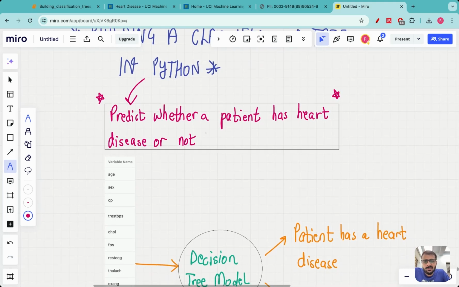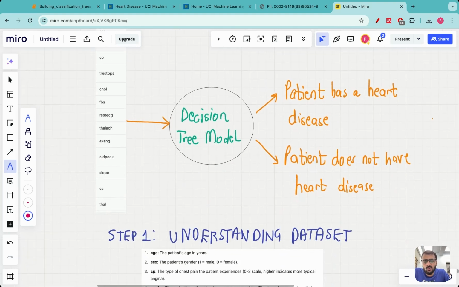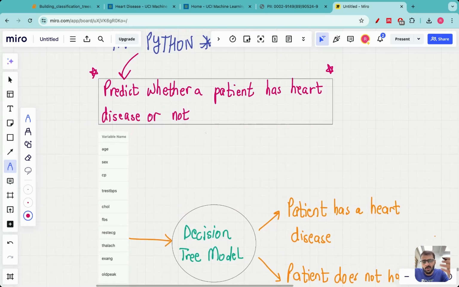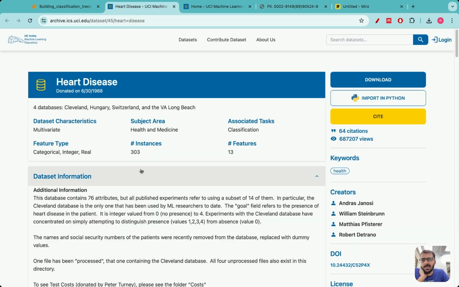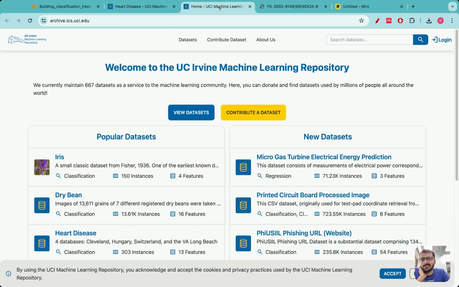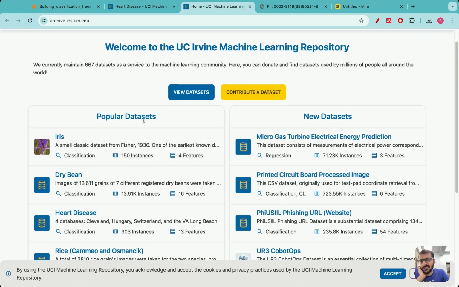So, first, it's very important for us to understand the problem itself before even coming to solving it. So, let me tell you where the data set is collected from. It's a heart disease data set and it's collected from this UC Irvine machine learning repository. They have a huge number of popular data sets.